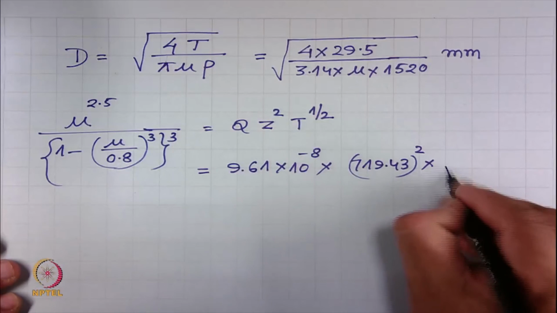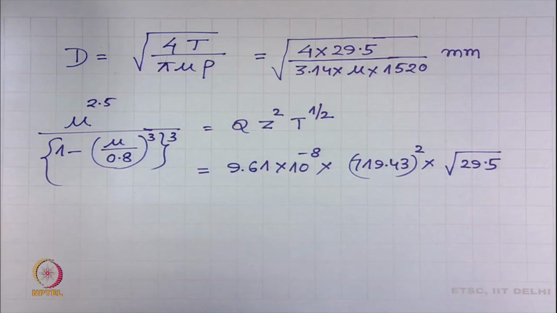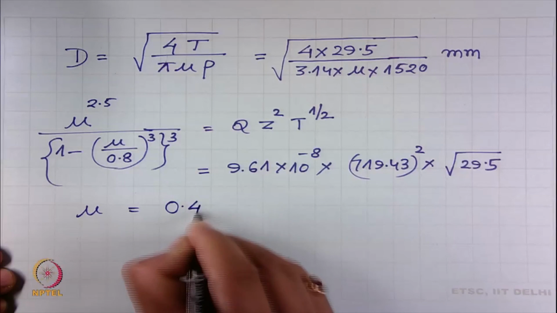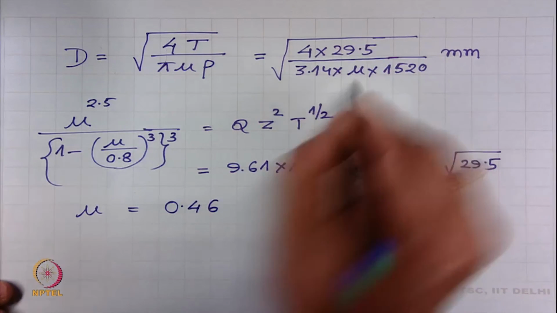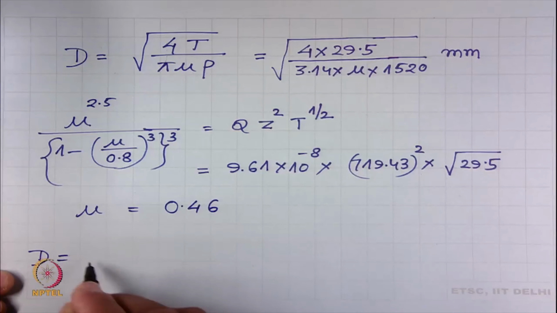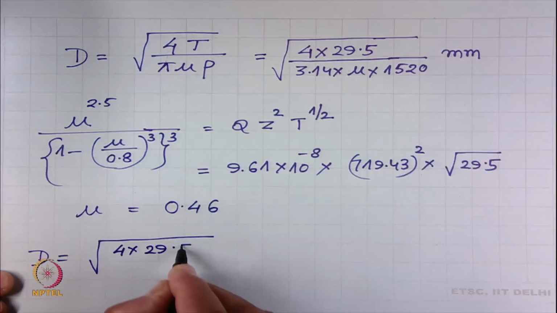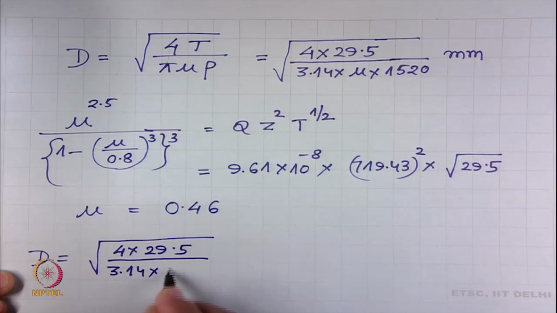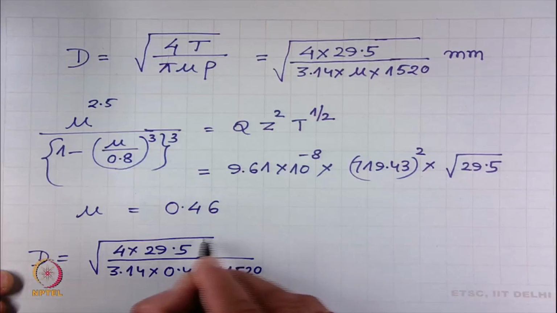T is your 29.5 tex. If you solve this, you will find out mu is equal to 0.46, right. Then you substitute mu here, 0.46. So, you will find out the diameter in millimeters.